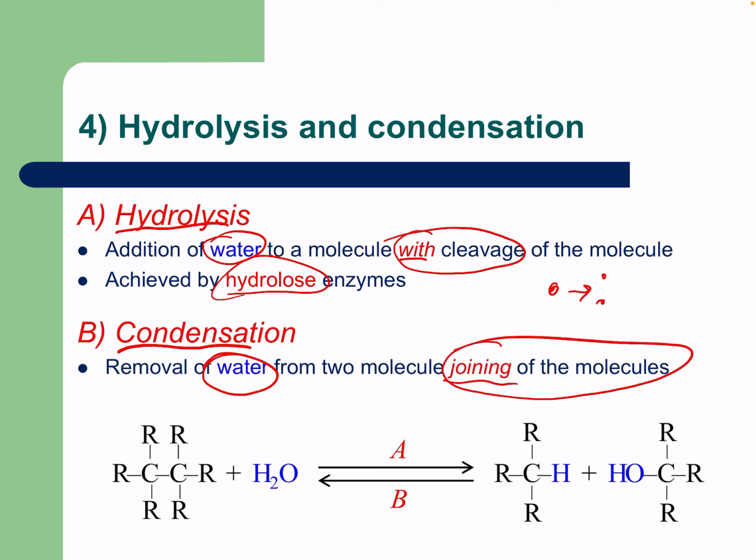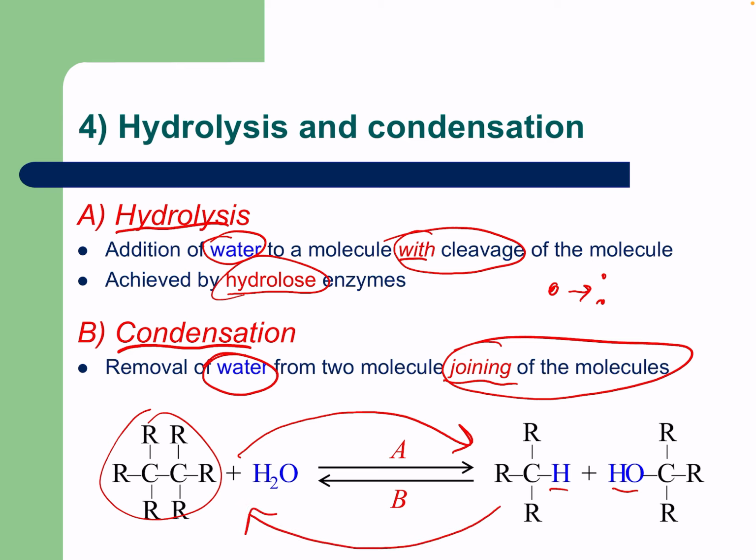Here we have hydrolysis, where we add water and split the molecule. The molecule is now split, but we're adding water to it. In condensation, we're removing the water. You can think of condensation like rain or a puddle where the water is leaving, being evaporated, so it's leaving the substrate.